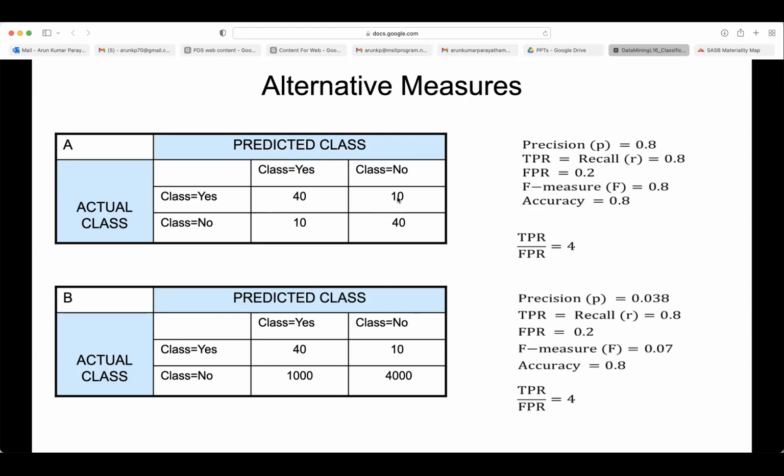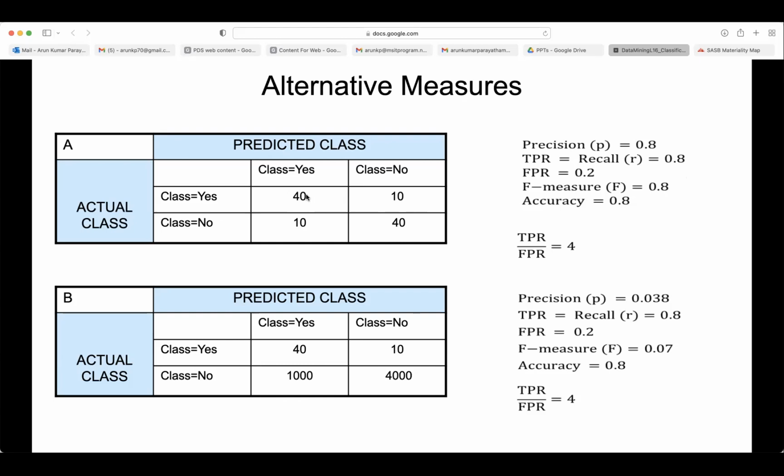False positive: they are not positive, but you are predicting positive. That is 10 by 50 is the false positive rate, that is 0.2. True positive rate is 40 by 50, that is 0.8.